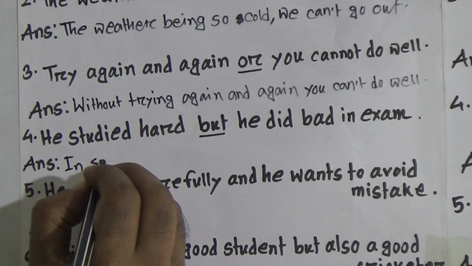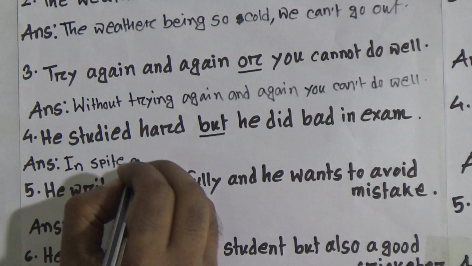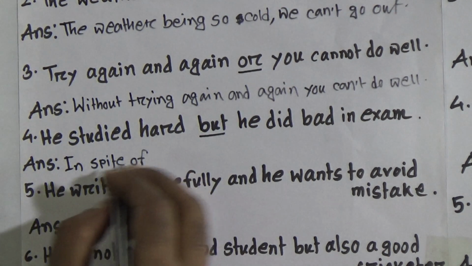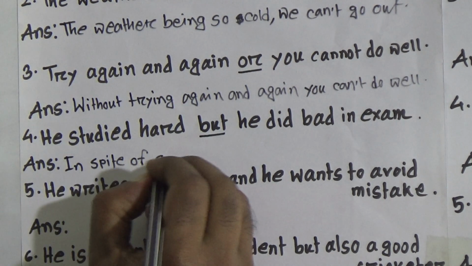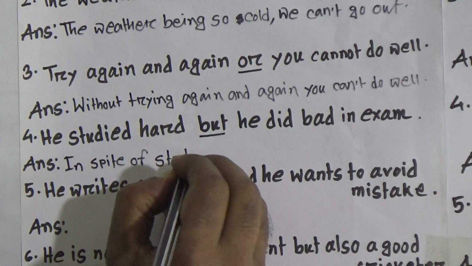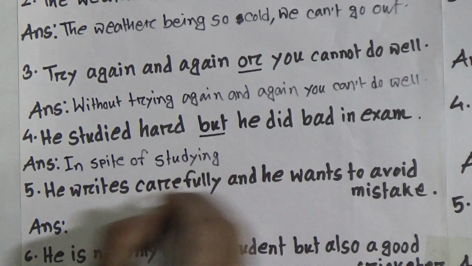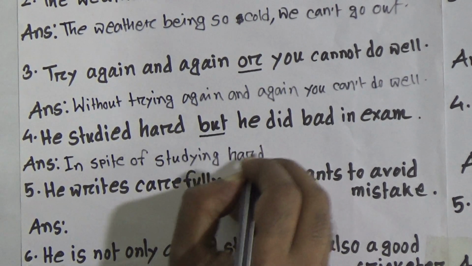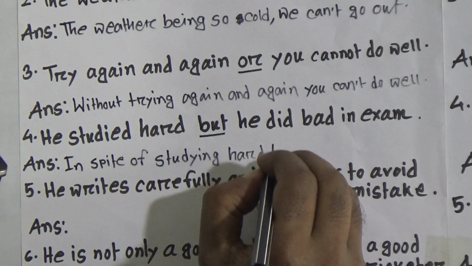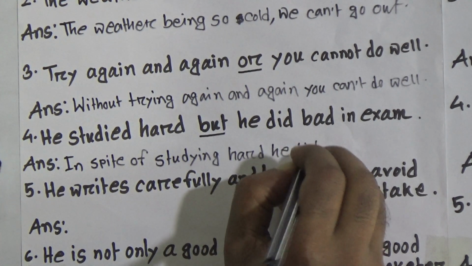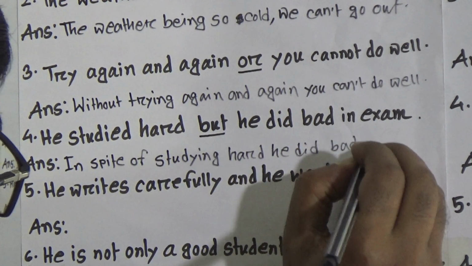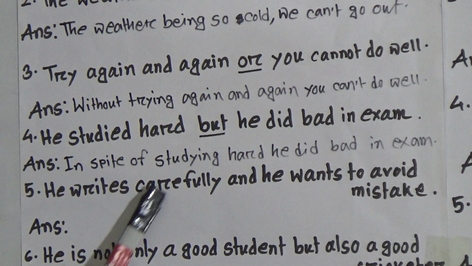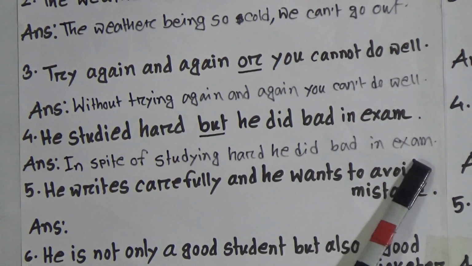Then the ing form, the base form of the main verb: in spite of studying hard, then the subject, he did bad in exam. I am telling the answer again: in spite of studying hard, he did bad in exam.